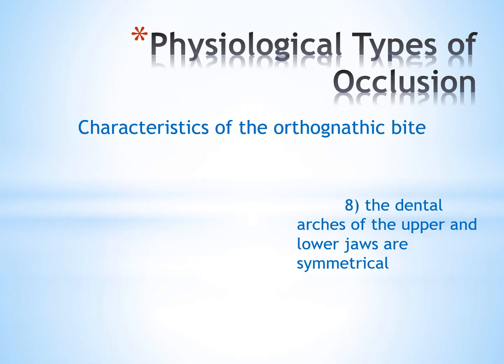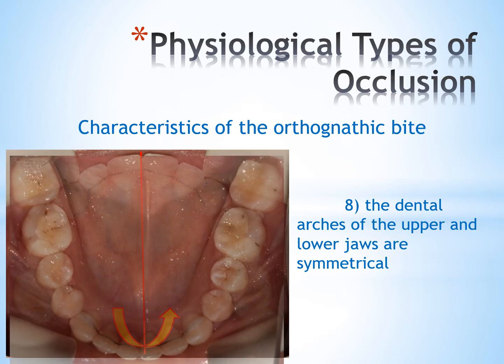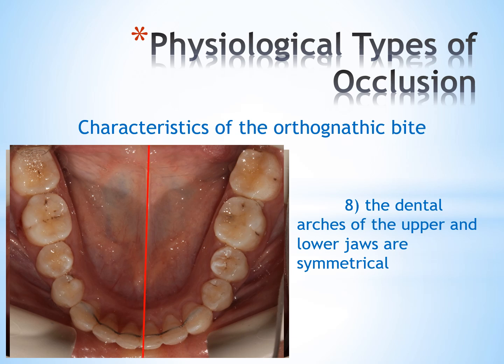Eighth characteristic, the dental arches of the upper and lower jaws are symmetrical. It means that right and left halves are similar, upper jaw and lower jaw.